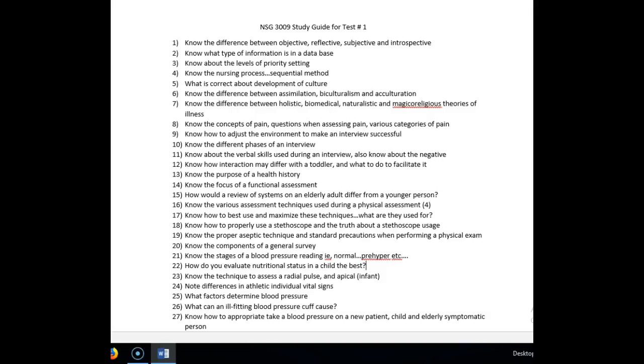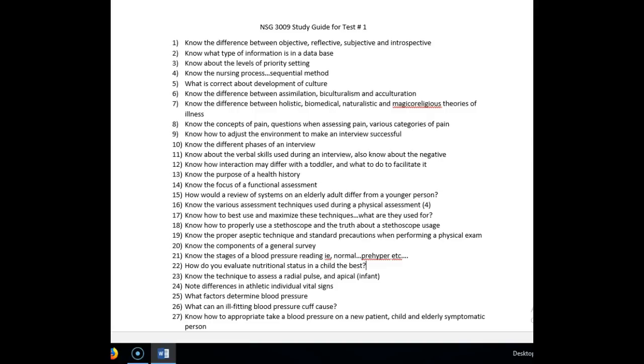So that's the maximum pressure. You'll see on your PowerPoint, I want you to know normal is less than 120/80. Prehypertension is 120 to 139 over 80 to 89.